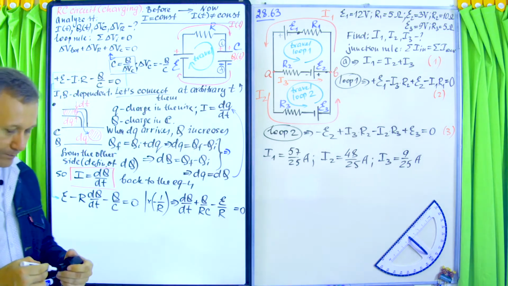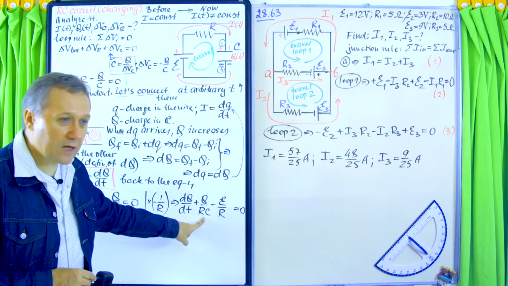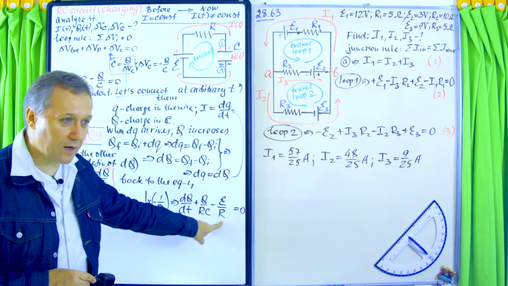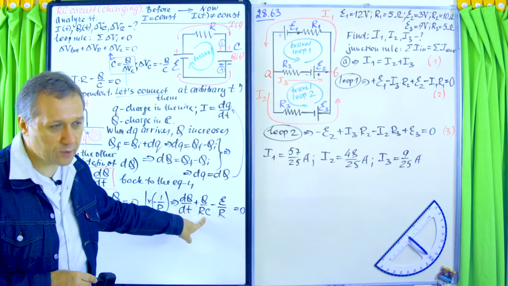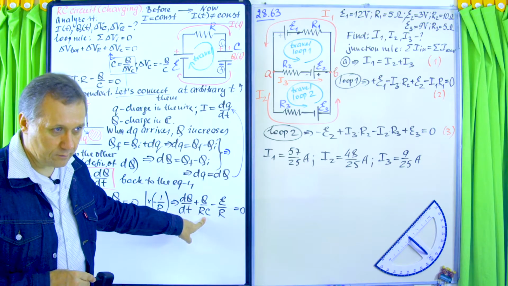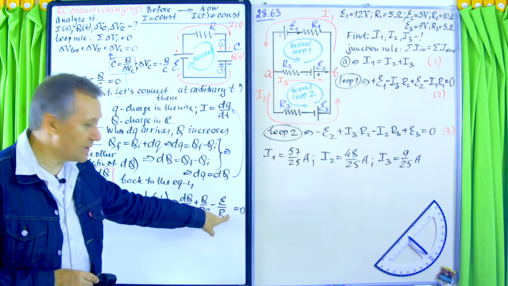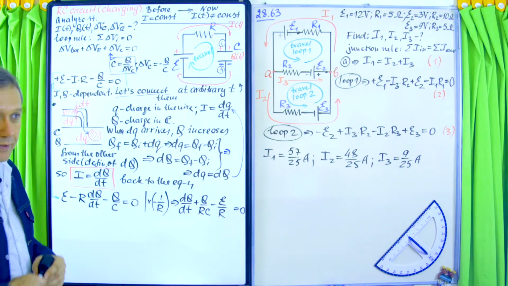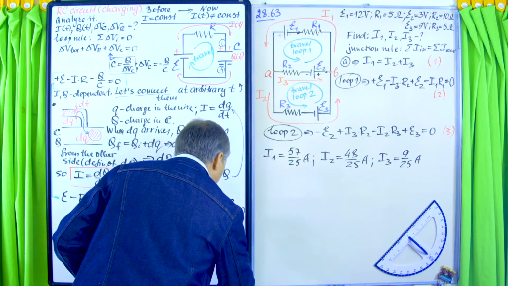But you know what? Here I have RC, here I have R. Let's bring these two terms to a common denominator. Multiply by C and divide by C, so the last term has the same denominator as the previous term.